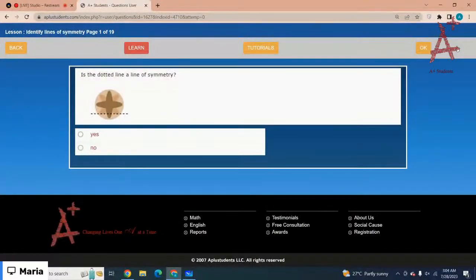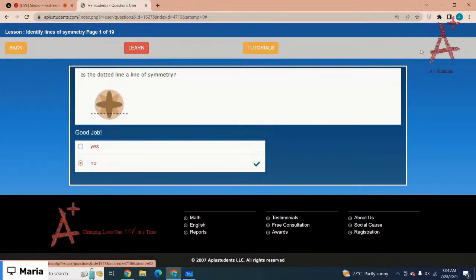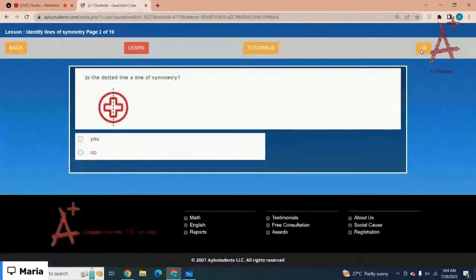So the correct option is no. Next: is the dotted line a line of symmetry?